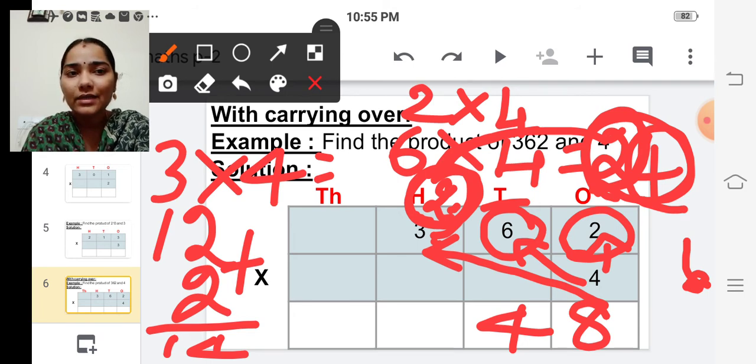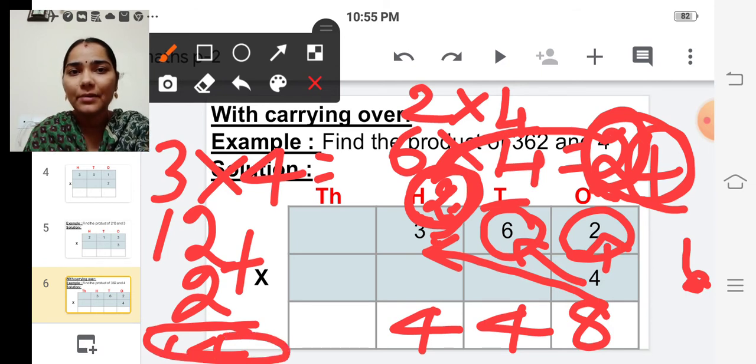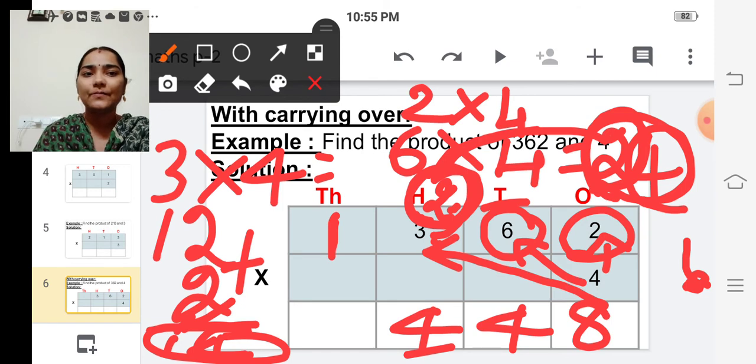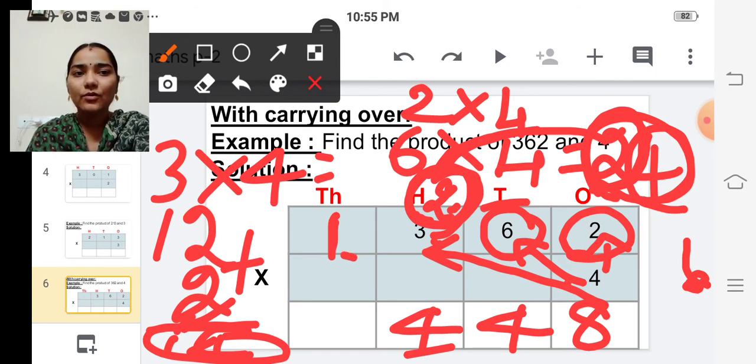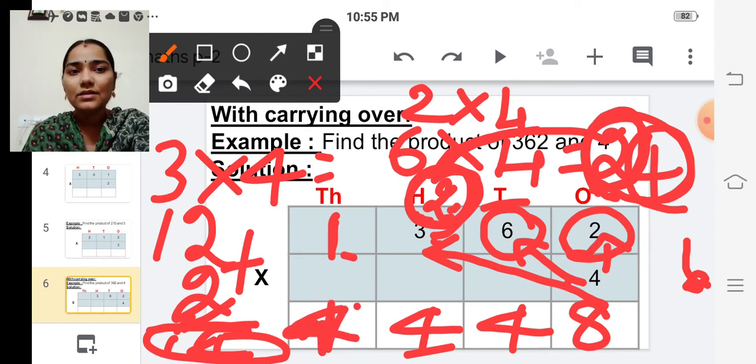So you have to write this 4 here because we are having a 2-digit number, isn't it? So we write this 1's place in the answer and carry over this 1 to the next place, that is in the 1000's place.